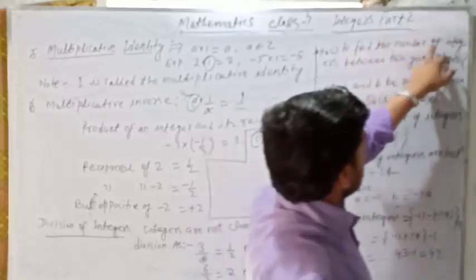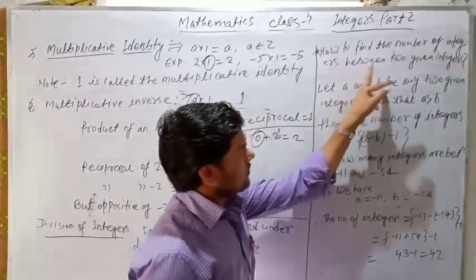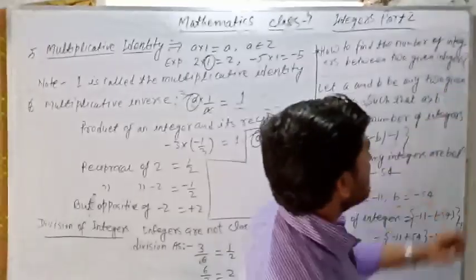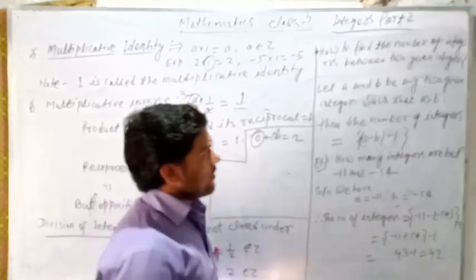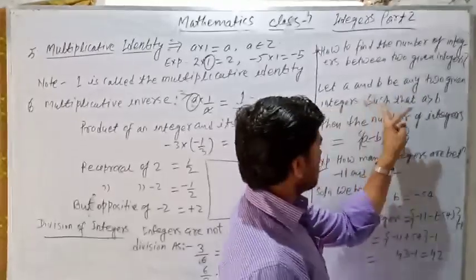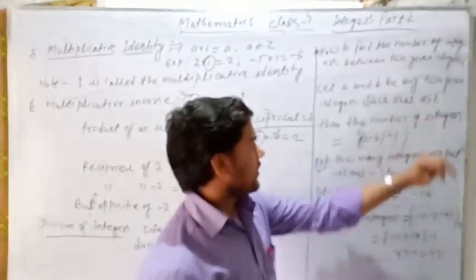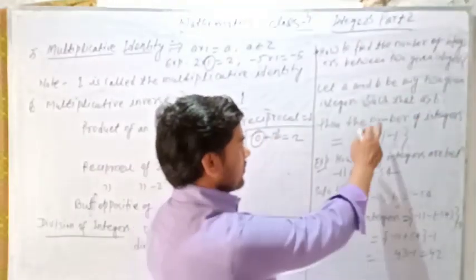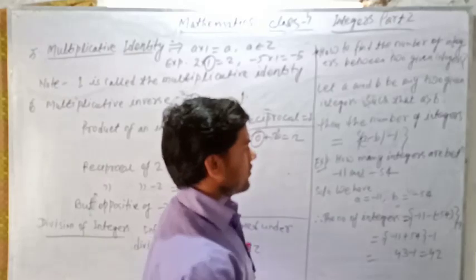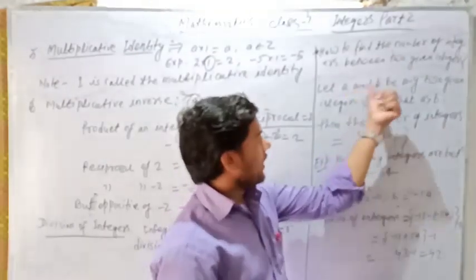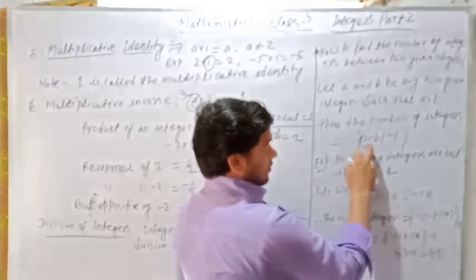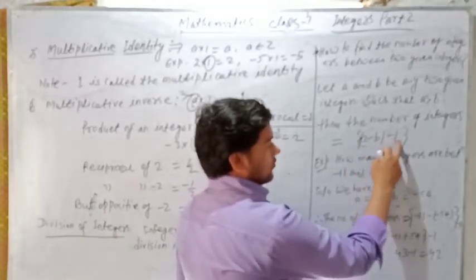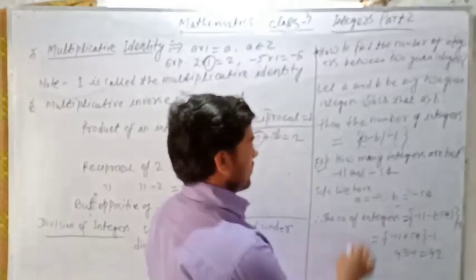How to find the number of integers between two given integers? Let A and B be any two given integers such that A is greater than B. Then the number of integers between A and B is equal to A minus B minus 1.